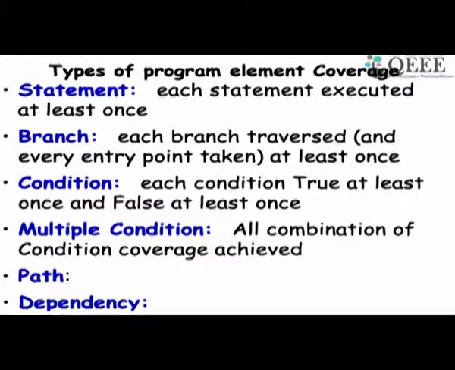As long as you have two test cases, TTT and FFF, then all component conditions have taken all possible values. So even with two test cases, we can satisfy condition coverage. Whereas multiple condition coverage will require 2 to the power 3, which is 8. And then we'll look at the path coverage and the dependency coverage.